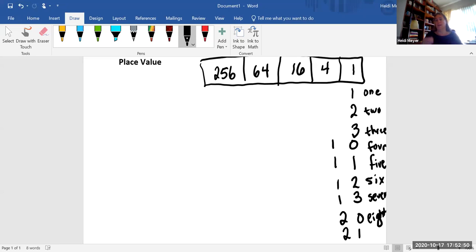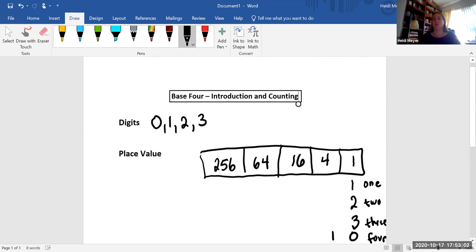So whenever you hit a 3, you're going to end up pushing over into the next place value, because once you've got a group of 4, it moves up into the next place. So that is our quick introduction to base 4, its structure, and how to count in base 4.